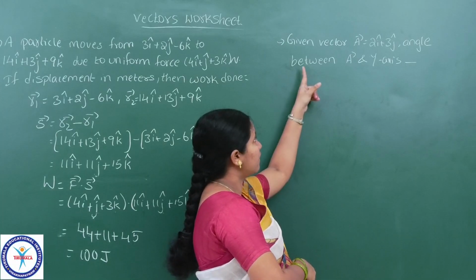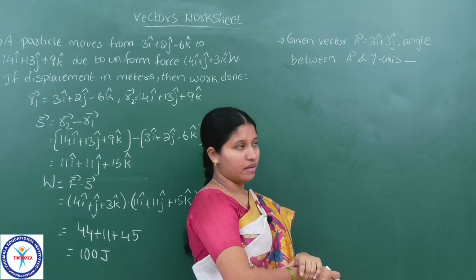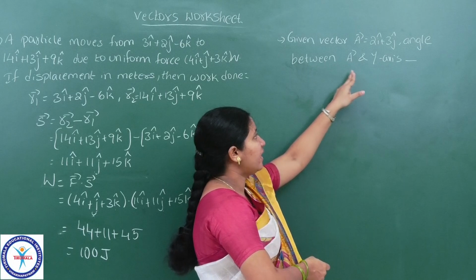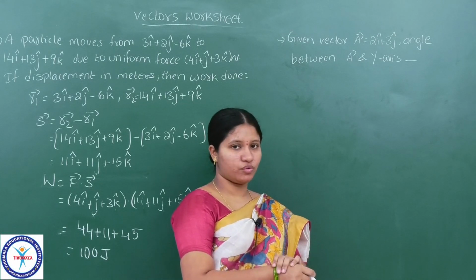The question given is, given vector A bar equal to 2i cap plus 3j cap and angle between A bar and y axis. Already we have discussed in direction cosines.